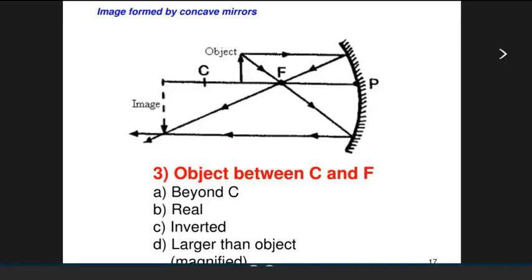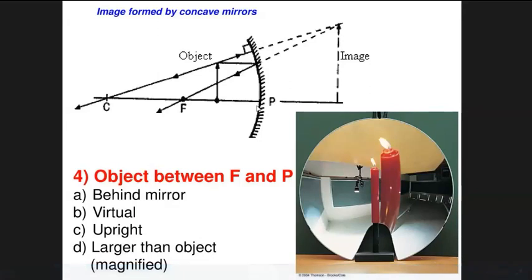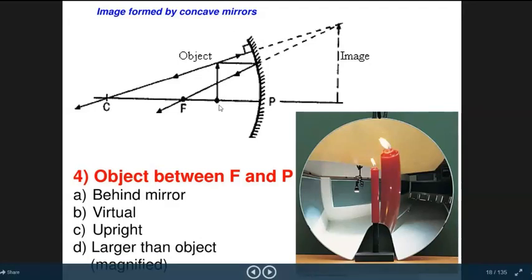Now the fourth case is when the object is placed between the focus and the pole of the mirror. Then where is the image formed? In this case again, this is the object on the principal axis.